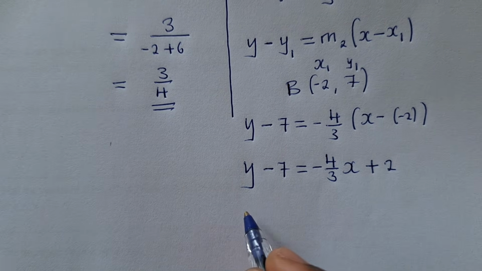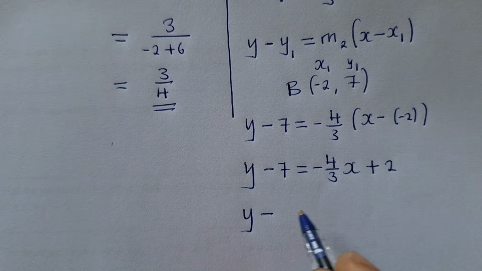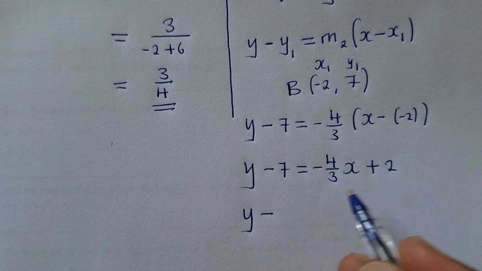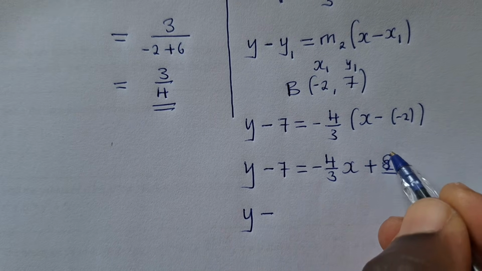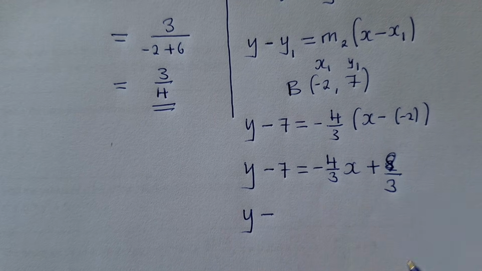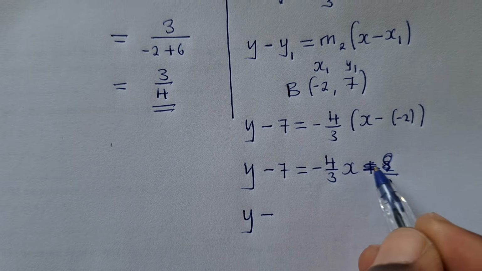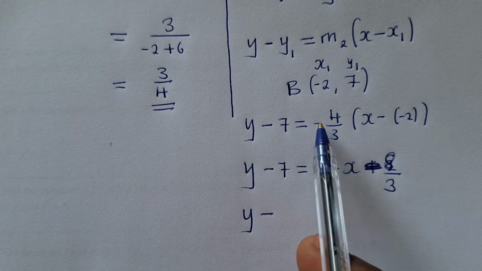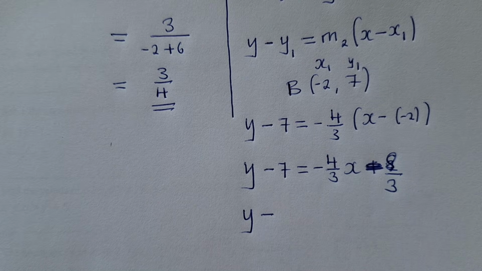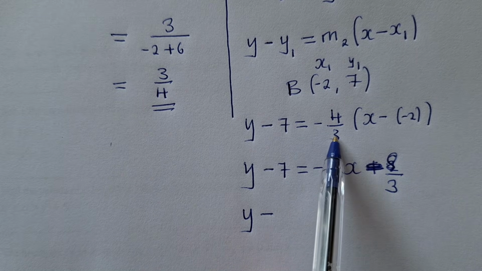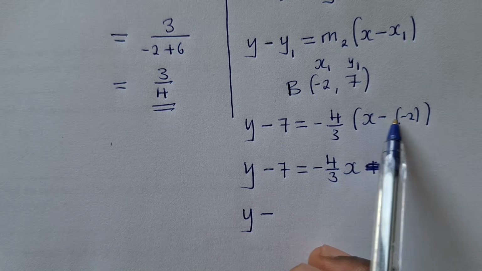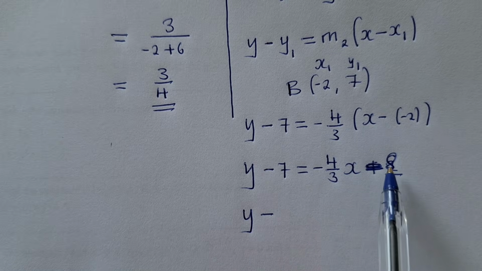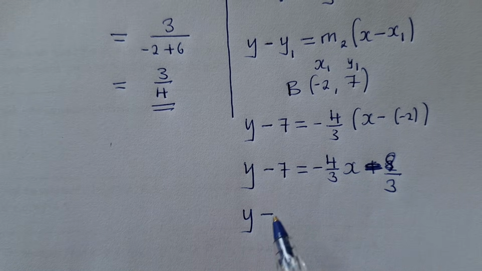And then we clean up. This will be like this. Actually, there's 8 here. It's supposed to be 8 over 3. Actually, it's minus. So be very careful here, because -4 over 3 multiplied by this, because this is giving us a positive, we're going to get a -8 over 3.